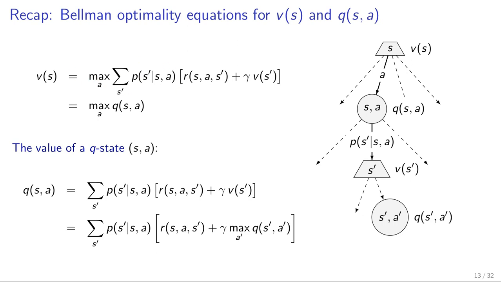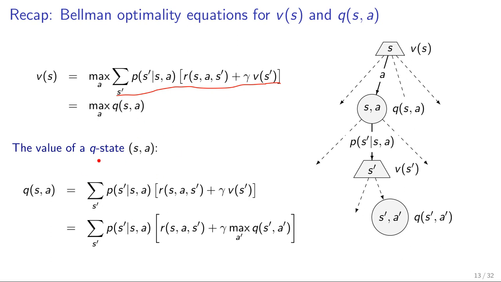And there is a weighted average based on the transition probabilities of which state S prime I can end up in. There is the reward associated with the transition, and there is the value of the next state. So that's the Bellman optimality equation. This part, without the max over A, would then be the Q value.